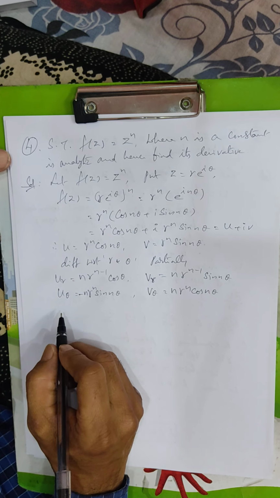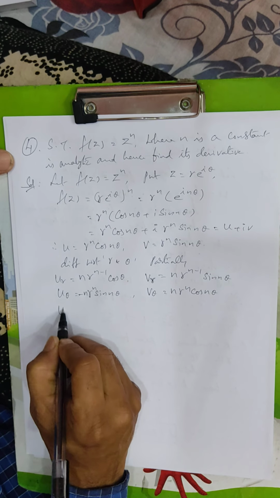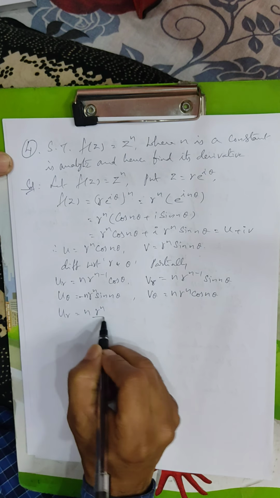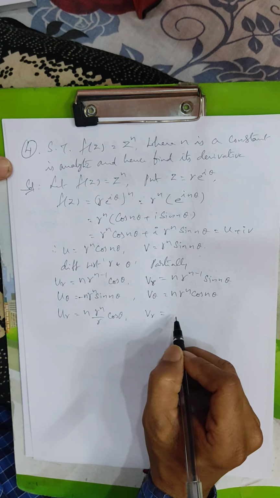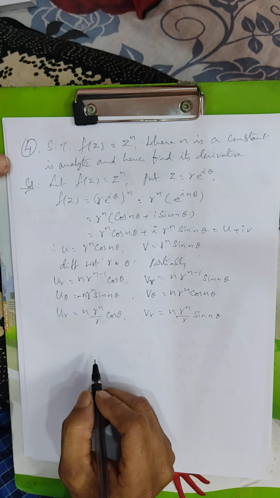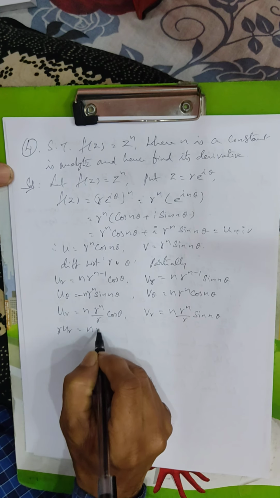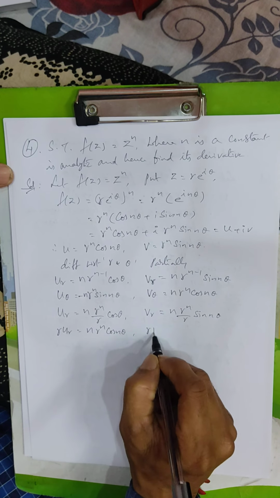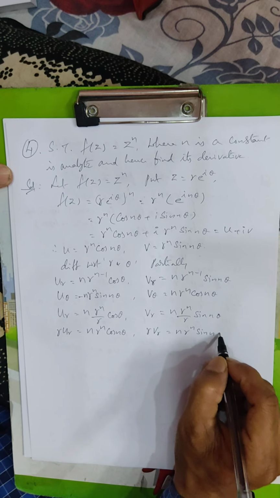In order to get the CR equations in polar form, you can write u r is equal to n into r power n by r into cos n theta, and v r is equal to n into r power n by r sin n theta. So r u r is equal to n into r power n cos n theta, and r v r is equal to n into r power n sin n theta.